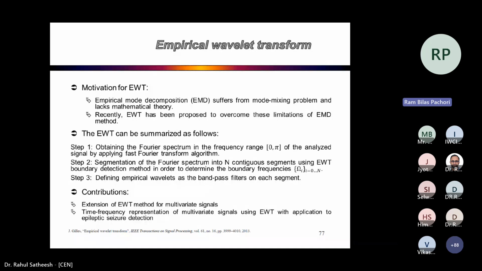Our contributions in this direction include extension of the EWT method for multivariate signals and time frequency representation of multivariate signals using EWT, with application to epileptic seizure detection. If you apply EWT to multi-channel signals, each channel will have a different frequency spectrum, with different maxima and minima, different segmentation, different boundaries.